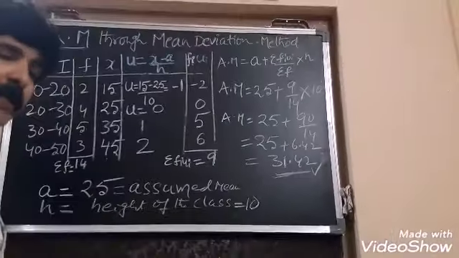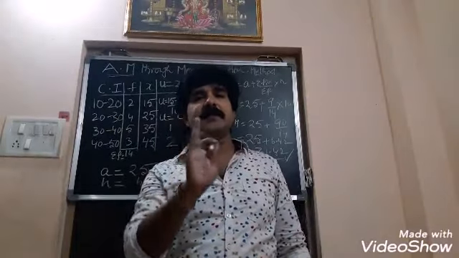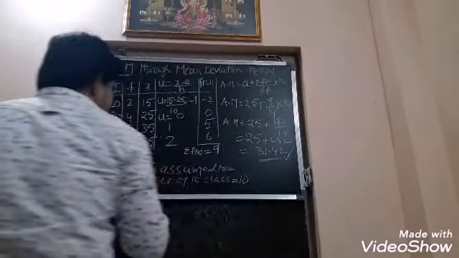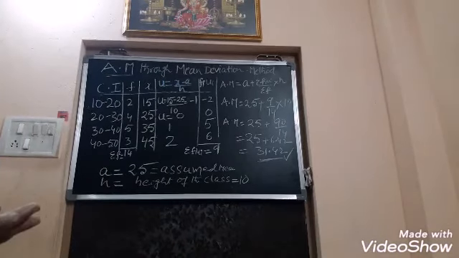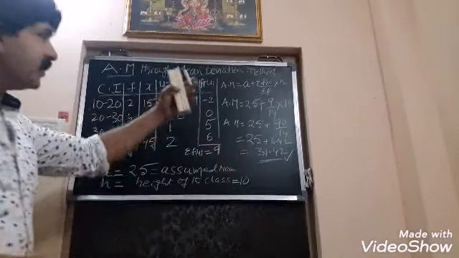Okay, so in whatever way you do the arithmetic mean, that answer should be one and the same. That already we proved. So this is the way how we have to do the problem when you are asked to find out the arithmetic mean through the mean deviation method.